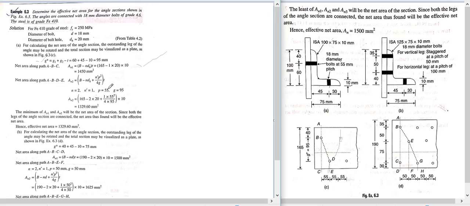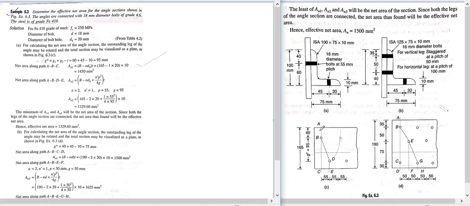P is equal to 55. And G is equal to how much? From this bolt to this bolt, where the change of path is occurring, the spacing is 95. That's why it is g equal to 95. So you can find this answer, An2.